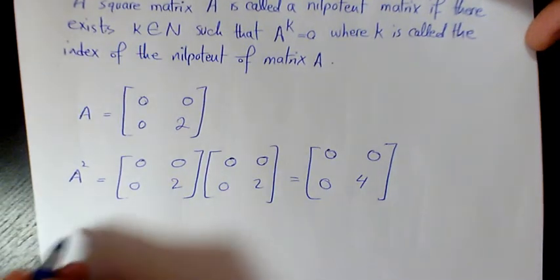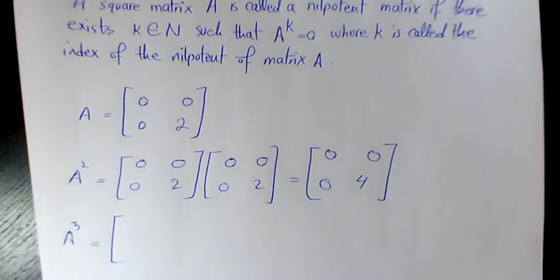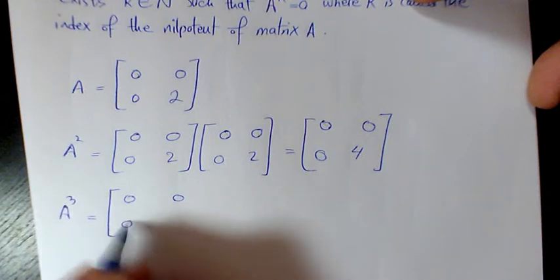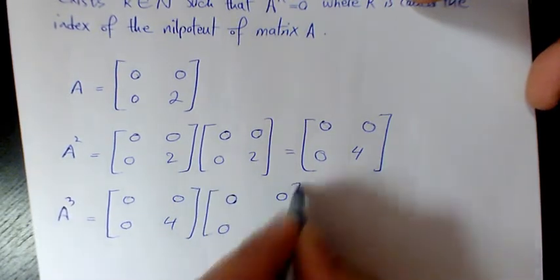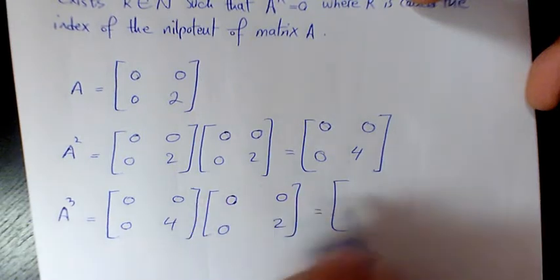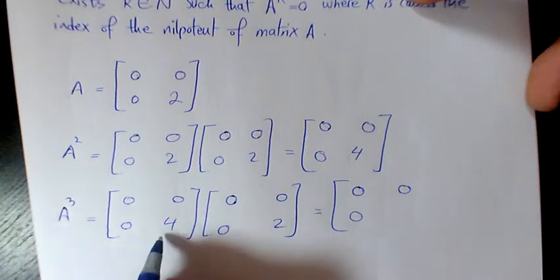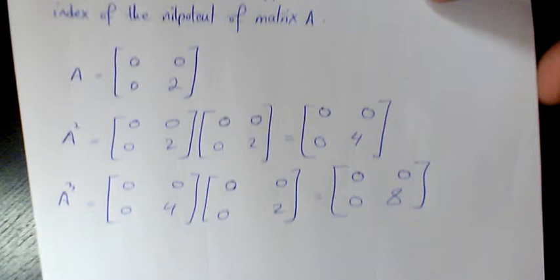If we find A to the power of 3, that's [0, 0; 0, 4] times [0, 0; 0, 2]. When you multiply it, that's going to be [0, 0; 0, 8]. So that's not a nilpotent matrix.